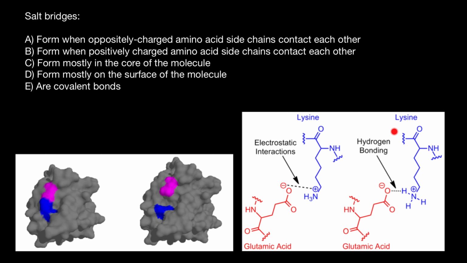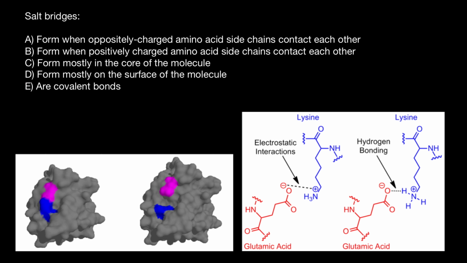But also we see here hydrogen bonding. So what is a salt bridge? It is a combination of the electrostatic interactions and hydrogen bonding. So salt bridges are a combination of both electrostatic interactions and hydrogen bonding.